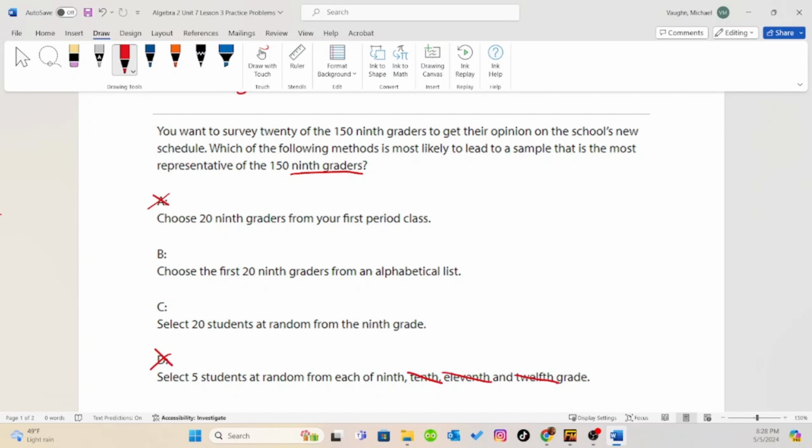Choice B chooses ninth graders based on their last name. This does not get a sampling of the entire ninth grade. It specifically selects those with letters of last name at the beginning of the alphabet.